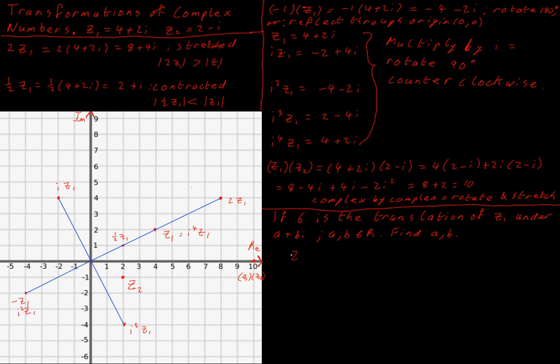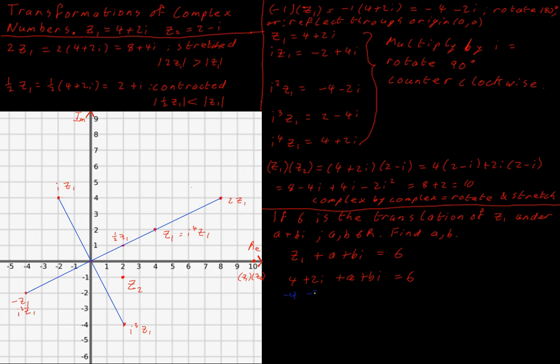So z1 plus some complex number is equal to 6. So z1 translated by this complex number will give us 6. And to find out the translation, we just say, okay, z1 plus this number is 6, and we substitute in what z1 is. That's just going to be 4 plus 2i plus a plus bi is equal to 6. Let's get the stuff we want to find by itself, so isolate our variables as we usually do.